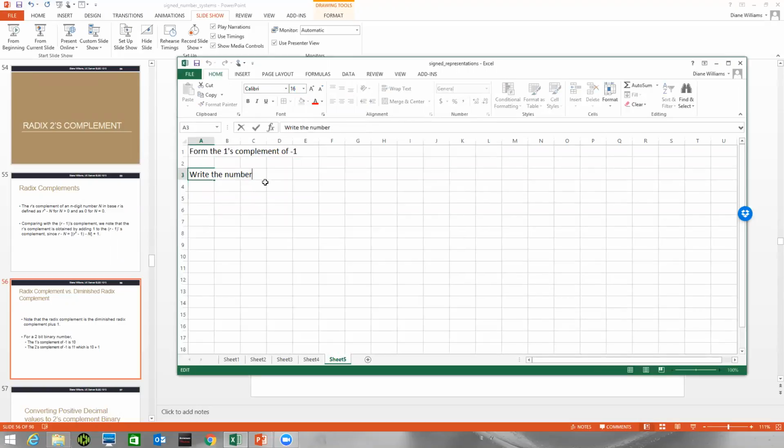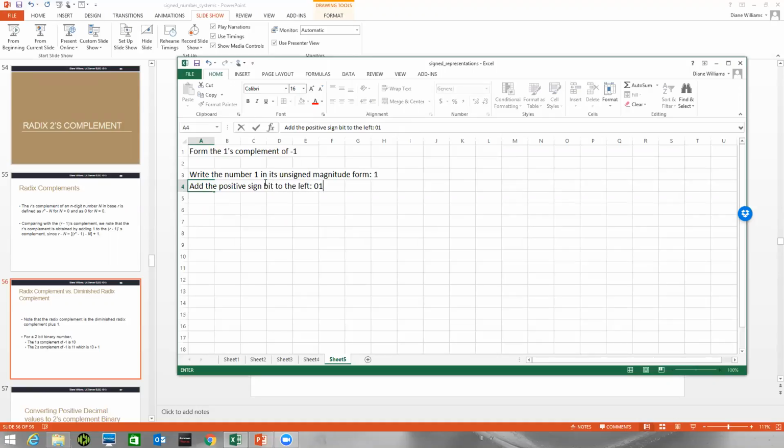All right, we write the number 1 in its unsigned magnitude form, right? Which is just 1. We add the positive sign bit to the left.